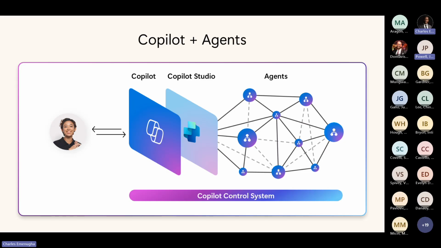However, agents are a way for us to automate a number of rudimentary tasks, a number of repeatable tasks. You can create an agent that connects to a knowledge source. For instance, let's say we want to create a policy agent for University of Miami.